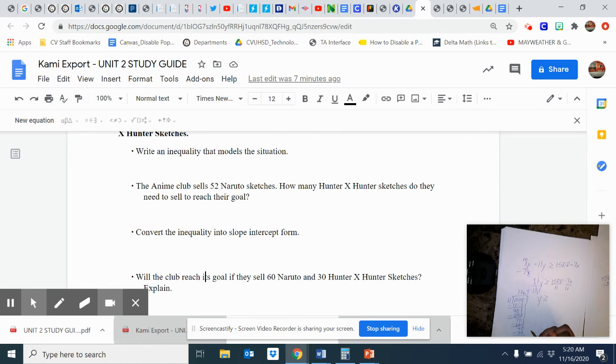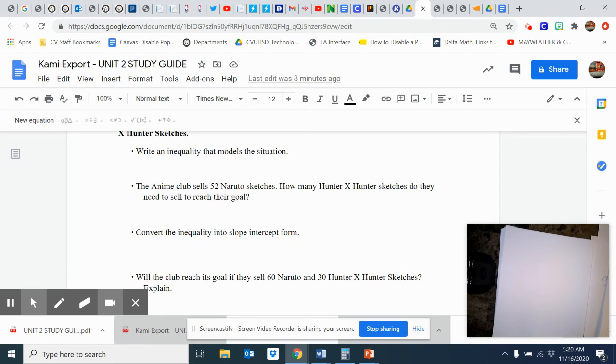So this would be y is greater than or equal to 136.4 minus 7 over 11x, or negative 7 over 11x plus 136.4. Okay, so that's slope intercept form.